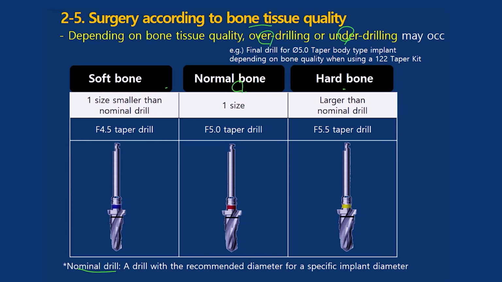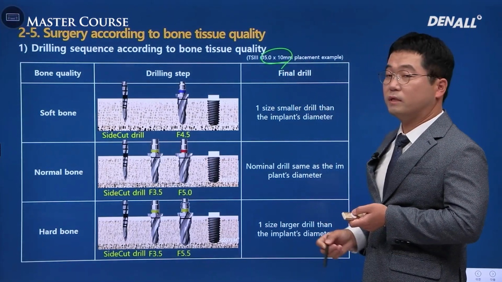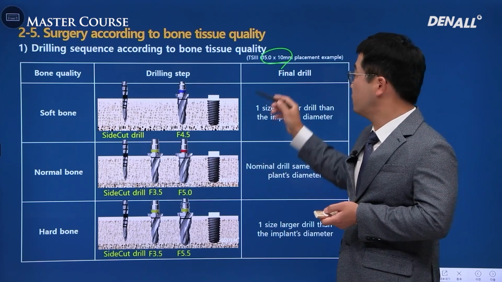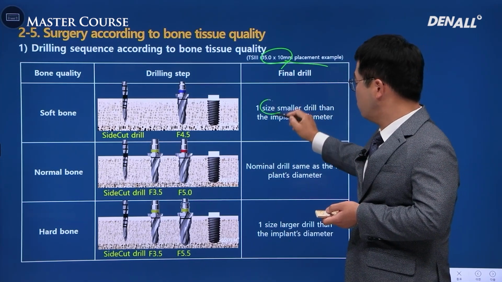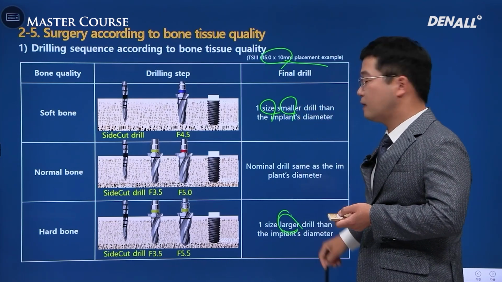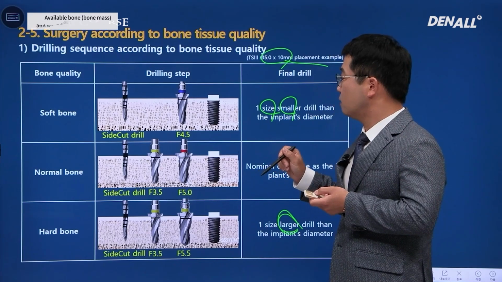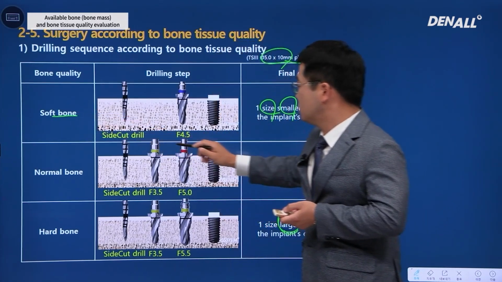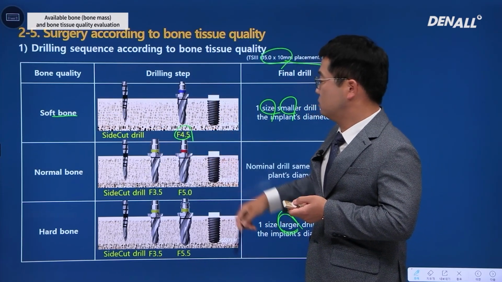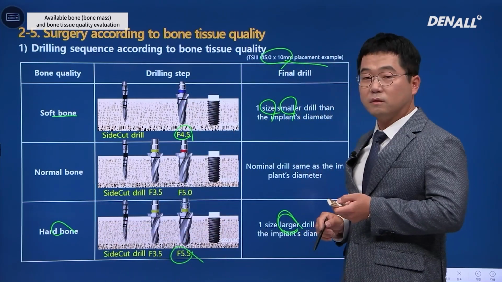In the same context, if we are to place a 5.0 by 10 millimeter implant, perhaps depending on bone quality, we need to do under drilling or over drilling. In soft bone, we need to do under drilling, and in hard bone, over drilling is done. And this is for getting good primary stability.